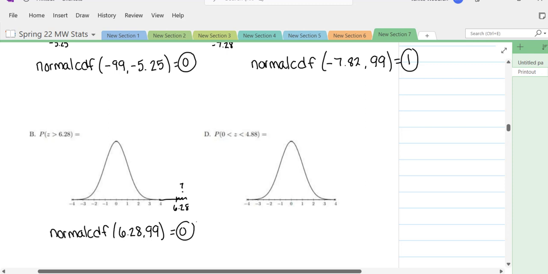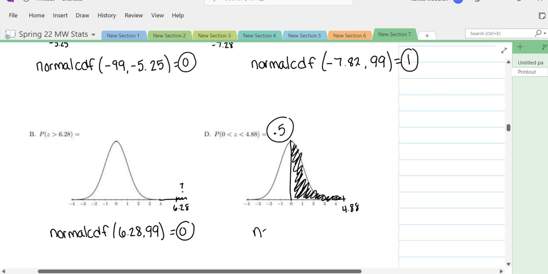And then for D, you have the probability between 0, so here's 0, and 4.88, which is going to be about right here. So now we're looking at this area here. What do you guys think that's going to be? Yeah, that should be 0.5.